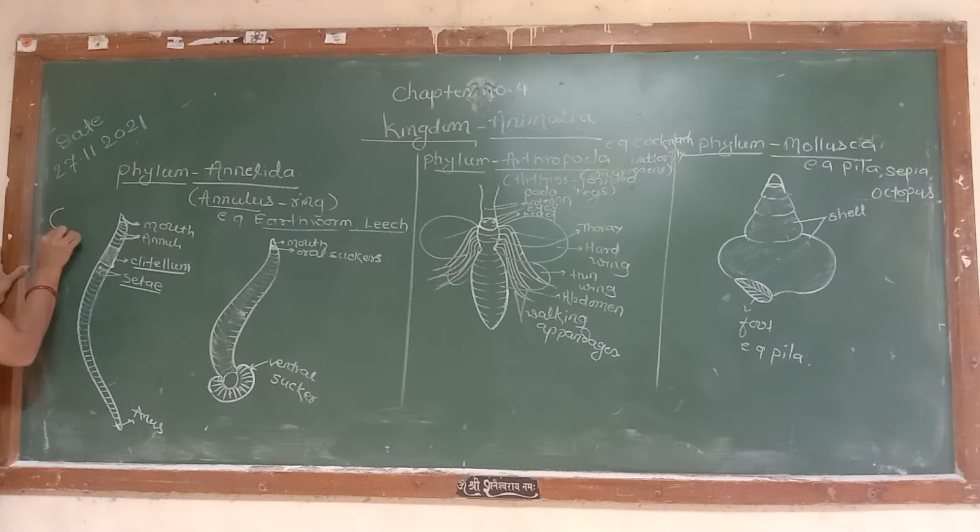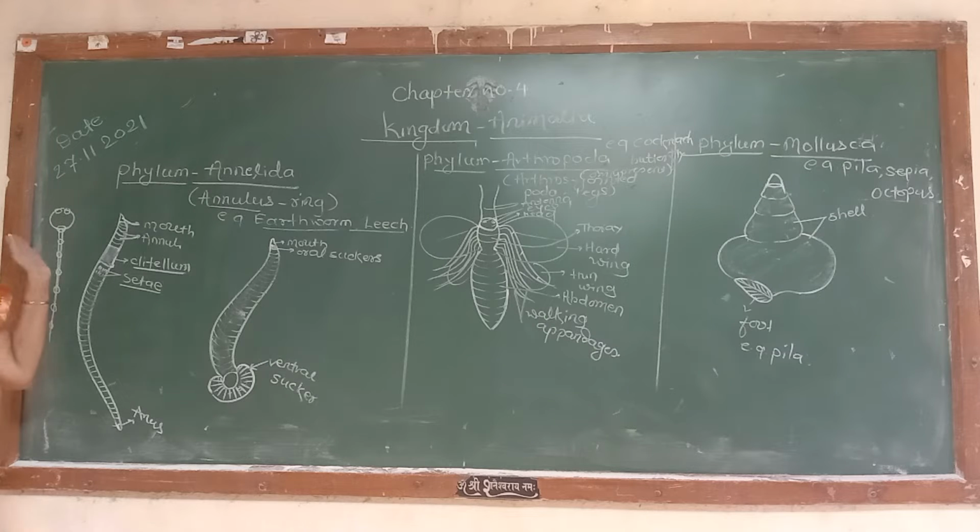Suppose this is the nerve ring and this is the ventral nerve cord which is ganglionated. So, a complete nervous system is present. The nerve ring looks like this. This is connected to the second ganglion and the complete nervous system is present in that animal.